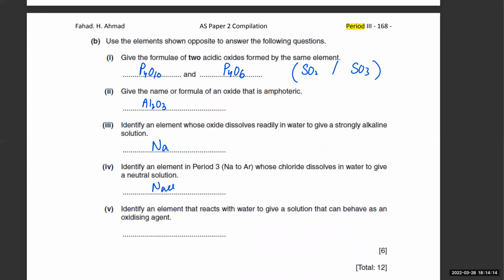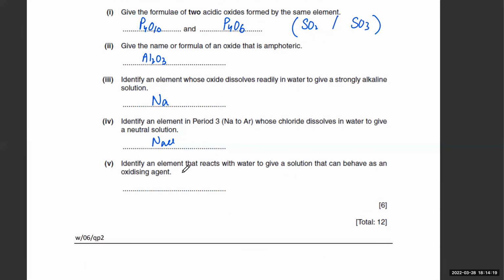And identify an element that reacts with water to give a solution that can behave as an oxidizing agent. So first thing, what is an oxidizing agent?